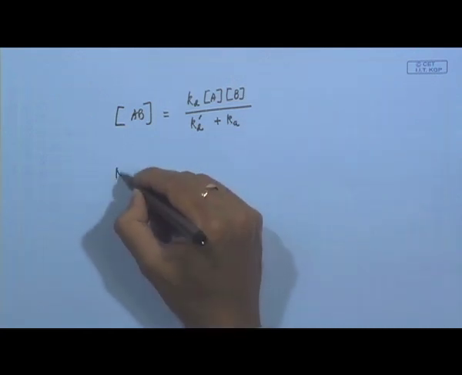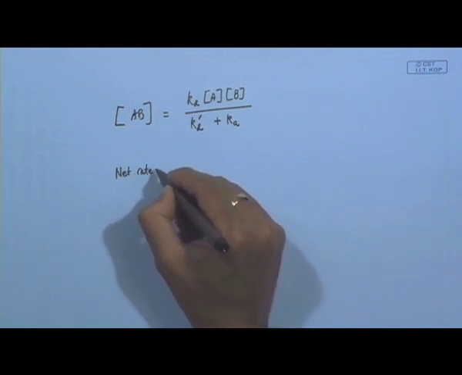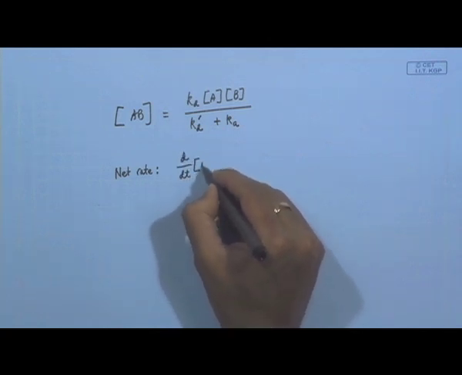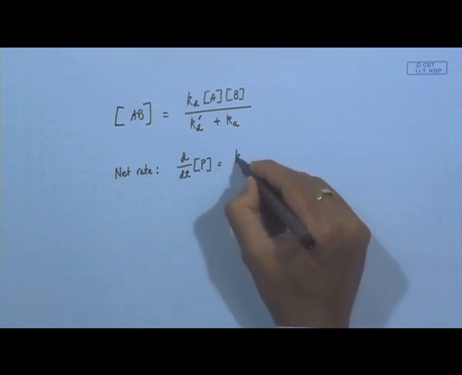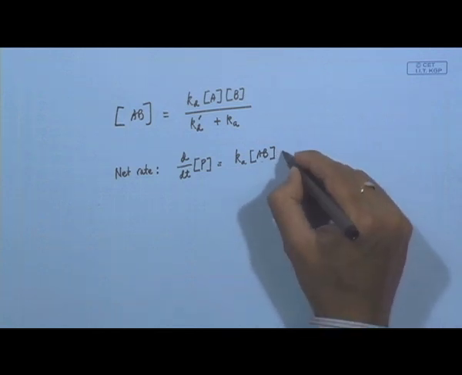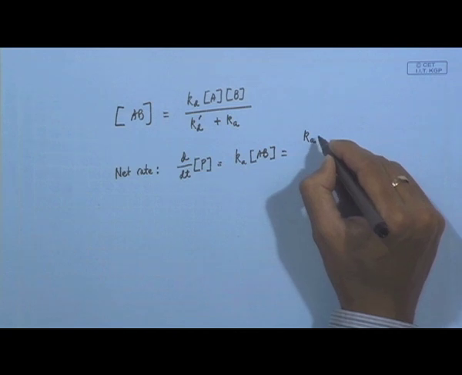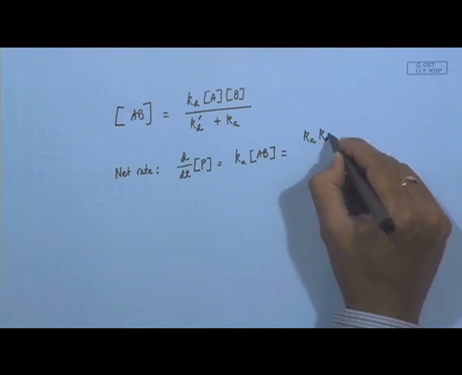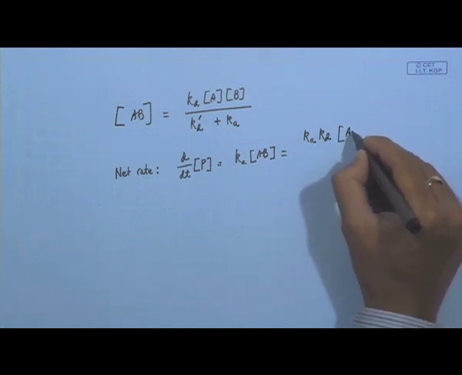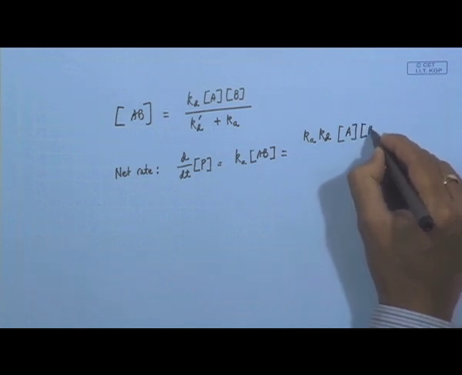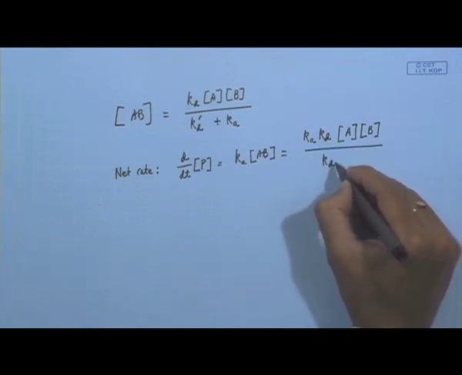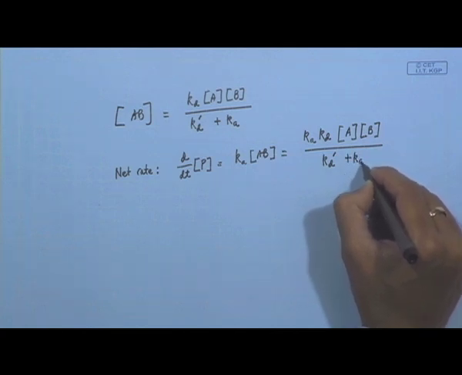So the net product formation rate, d[P]/dt, is equal to Ka AB, which is equal to Ka Kd A B divided by Kd primed plus Ka.